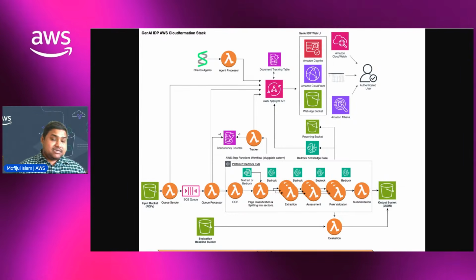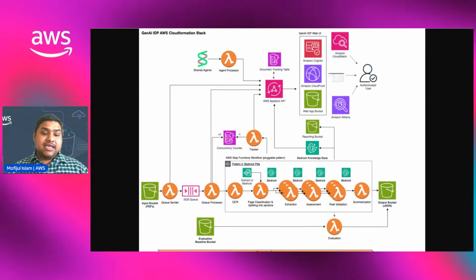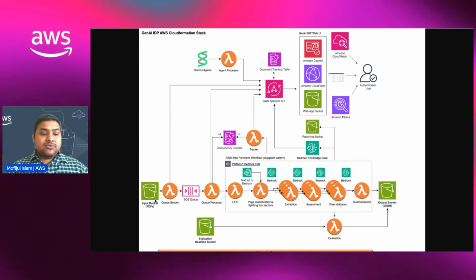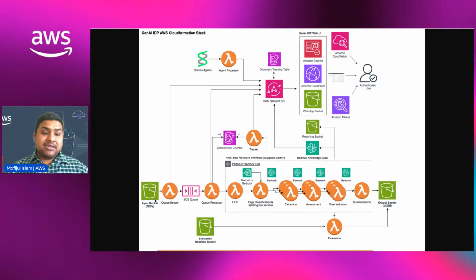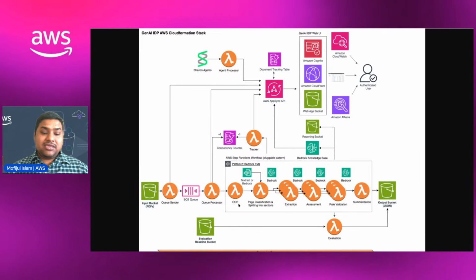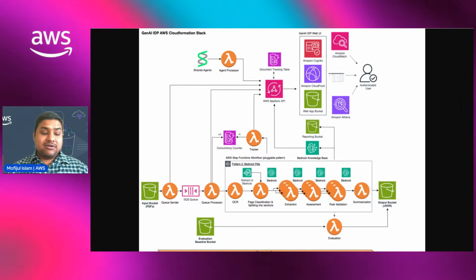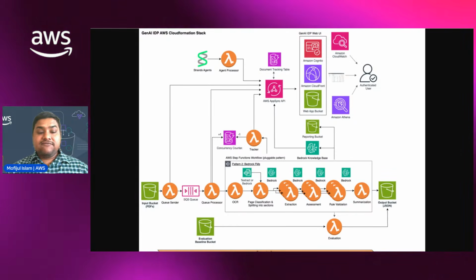How the pattern works is that we have specific modules when we are processing. As Priya was showing, there are certain steps when we are extracting the data and processing the document. When the document is uploaded into the S3 bucket, it is submitted into the queue, and then we kick in the OCR module, which can be Textract or Bedrock or any LLM or OCR module, which extracts the data from the document.